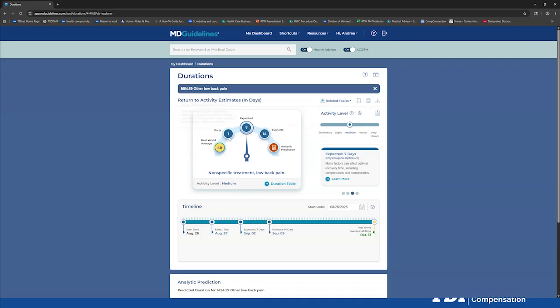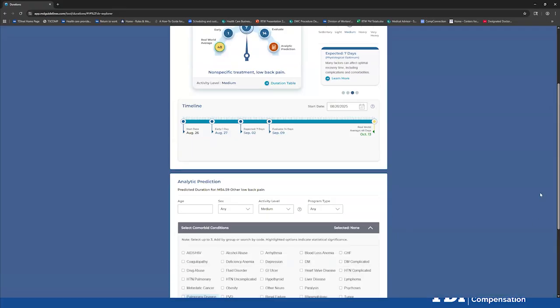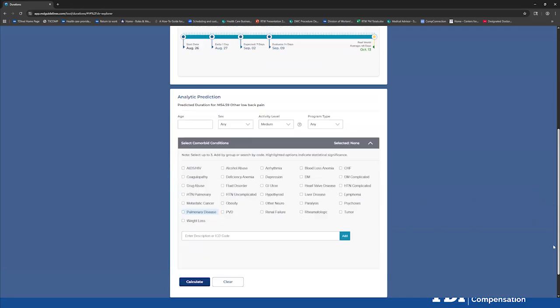And from the date of injury, early return expected, and then evaluate at this number of days. So that populates there for you. Something else that's really neat down here, you can add in comorbid conditions if you need to, and they may or may not change the expected outcome for this person.